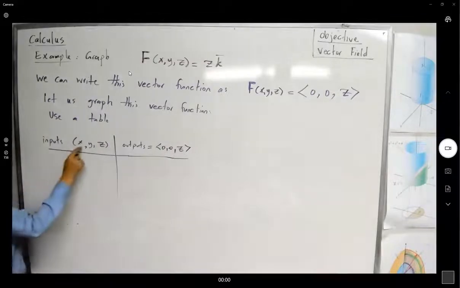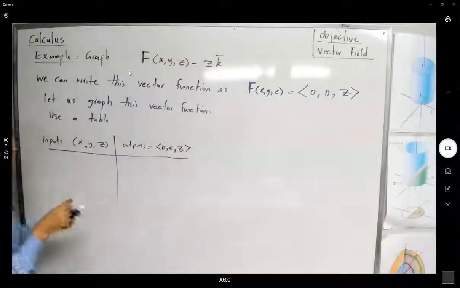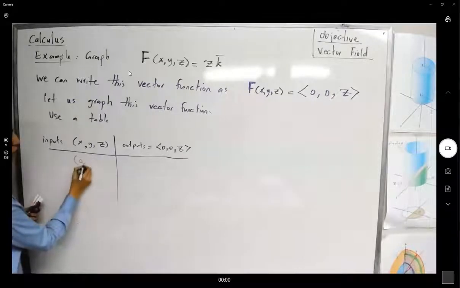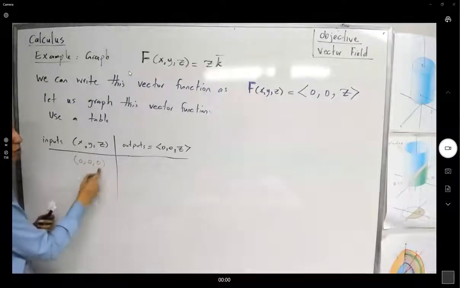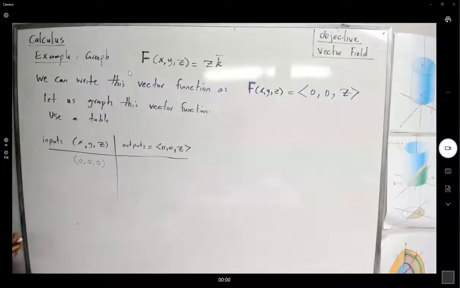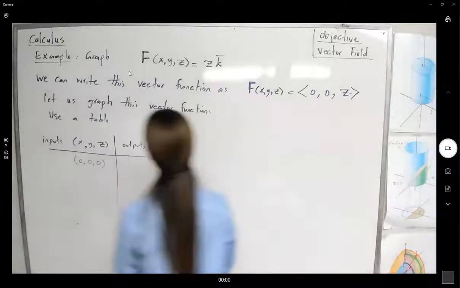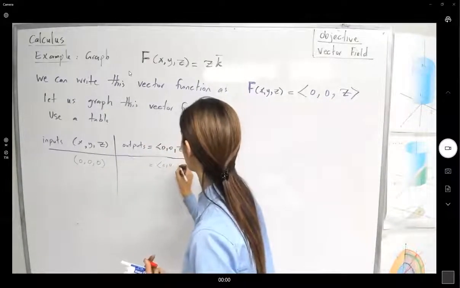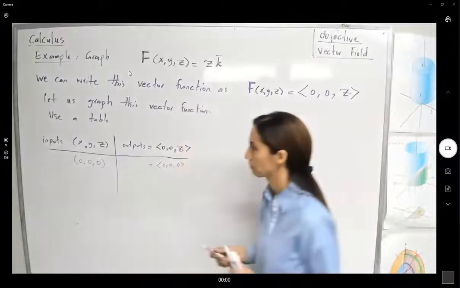So any position that you think about, like the very first position, suppose you are at the origin, 0, 0, 0. Well, the output value is going to be the 0 vector. So the output value is 0, 0, and 0.